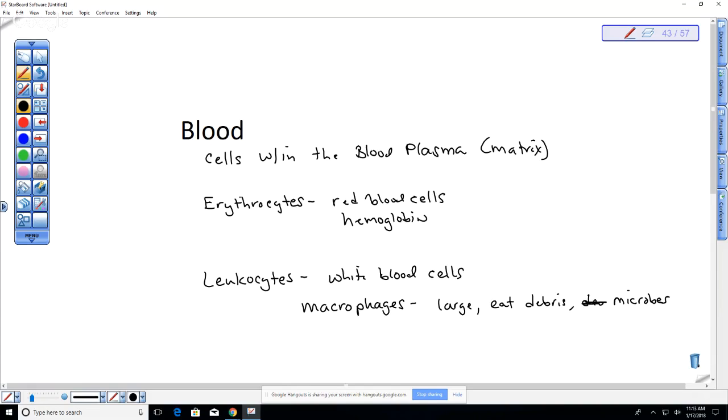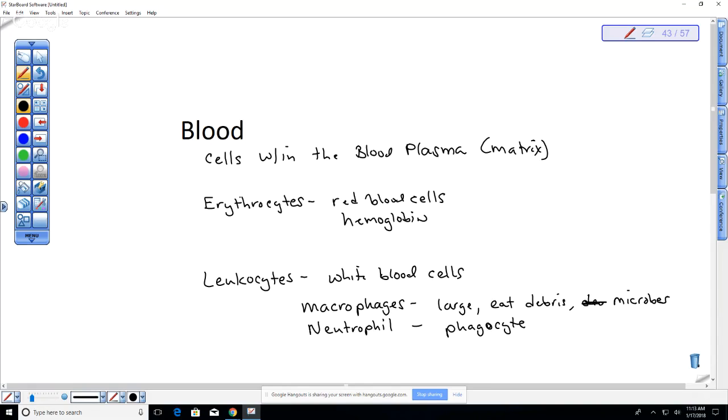Another type of phagocyte in our leukocytes is what is called a neutrophil. So neutrophils are another type of white blood cell that is a phagocyte. Neutrophils and macrophages do essentially the same job.